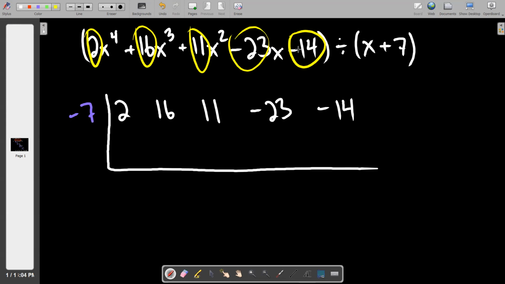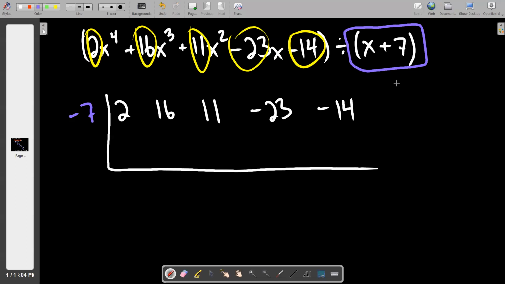That's another question. We're ready for that question. Okay, Mr. Ahern, I see where you got 2, 16, 11, negative 23, negative 14. You circled them in yellow. The follow-up question is, where did I get negative 7? Look at this purple box over here. It's the opposite.